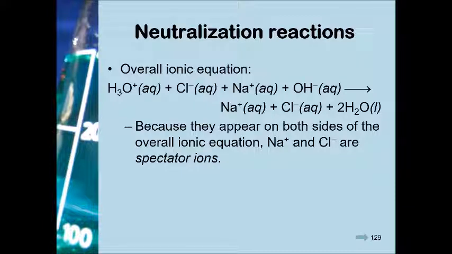So because they appear on both sides of the overall ionic equation, the Na+ and the Cl-, remember those are called spectator ions. They're just watching the reaction take place.